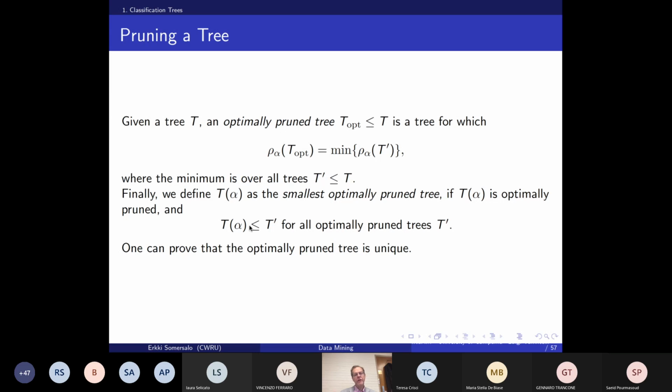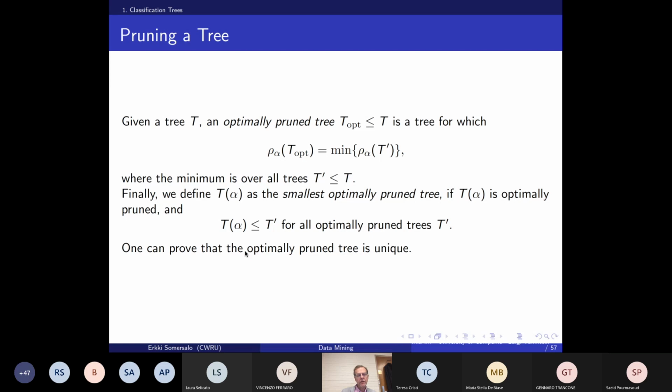And there's a little bit of graph theory here, which I'm not going into because it's not clear that an optimally pruned tree exists and is unique. You have to do a little bit of graph theory to prove this, but I will skip that because this would lead me to a different tangent, so to speak, which I don't want to do here. So I'm just saying that one can prove that the smallest optimally pruned tree is unique. So for a given alpha, you can find optimally pruned trees, and you can always find a smallest optimally pruned tree.